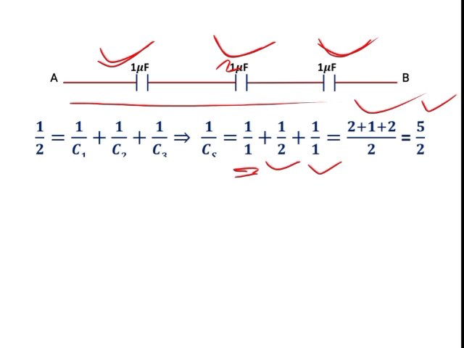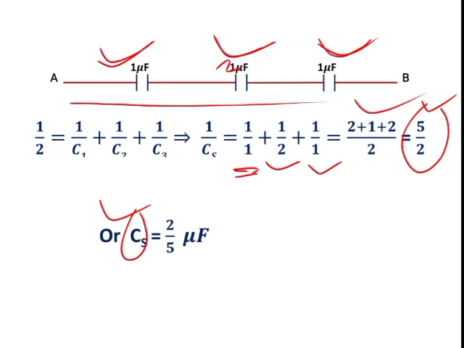Finally, how much did we get? 5 by 2. So Cs is equal to 2 by 5 μF. This is the final answer for the capacitance in series combination.